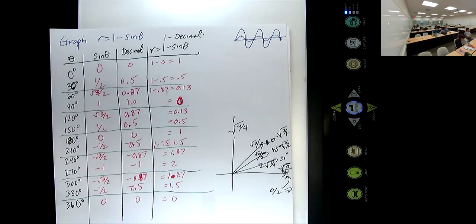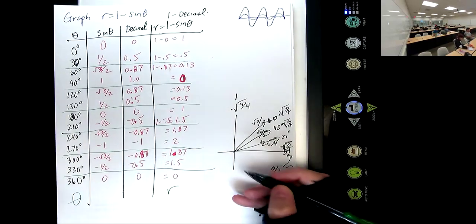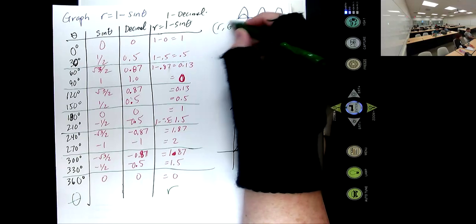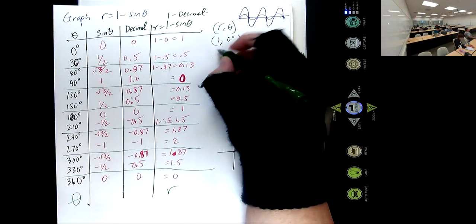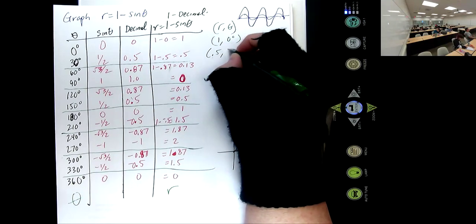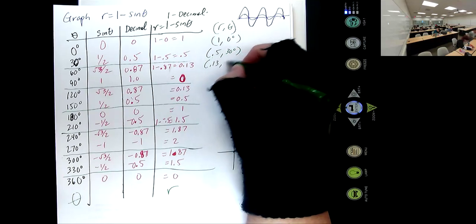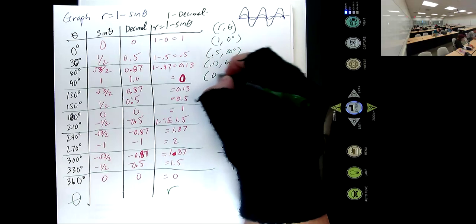Alright, so this was our R column, this is our theta column. If we write them as R, theta, we can get our coordinate system. This is 1 and 0 degrees. This is 0.5 and 30 degrees. 0.13 and 60 degrees. 0 and 90 degrees.